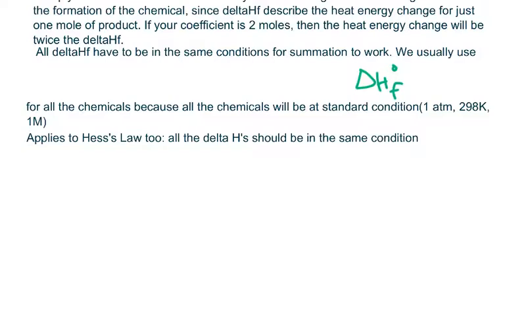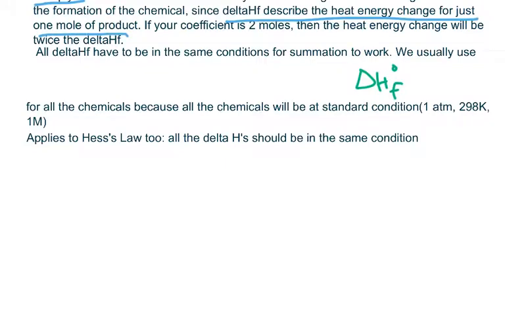Now at first you might be like, what does this mean? Well, note that you have to multiply the coefficient of the chemical by its ΔHf to get the true change in heat for the formation of the chemical, since the ΔHf describes the heat energy change for just 1 mole of product.